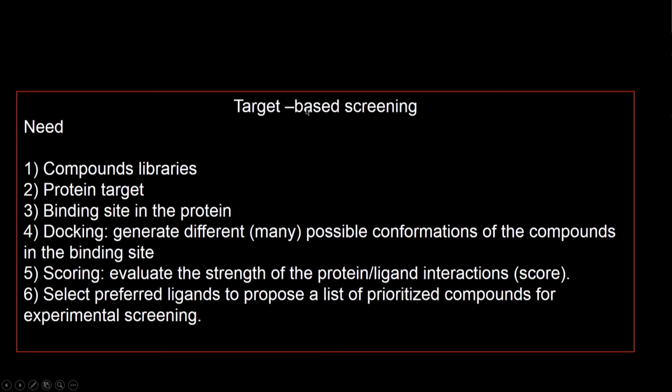So, when we do target-based drug design and need a compound library, we need to get the protein target, which we can get from the PDB. Compound libraries I showed you, so many. We can get the mol2 file or SDF file of the molecule, and get the minimum energy conformation.